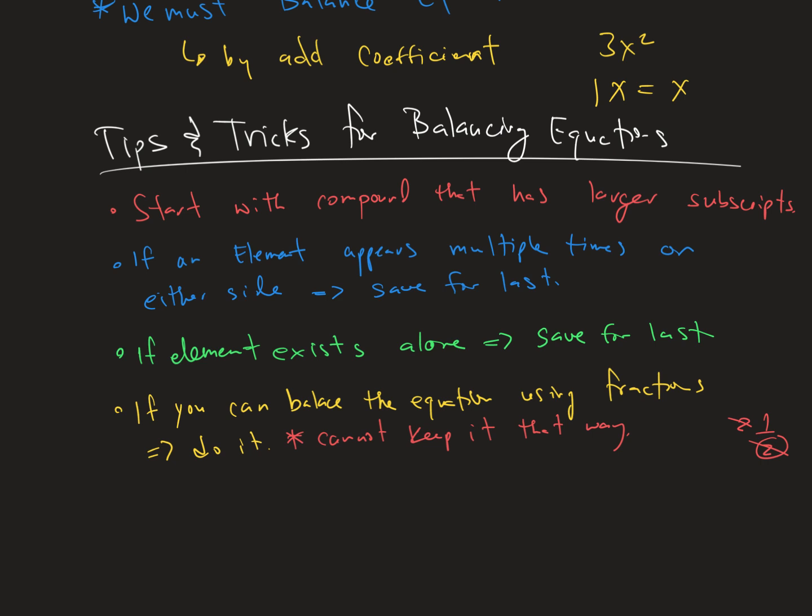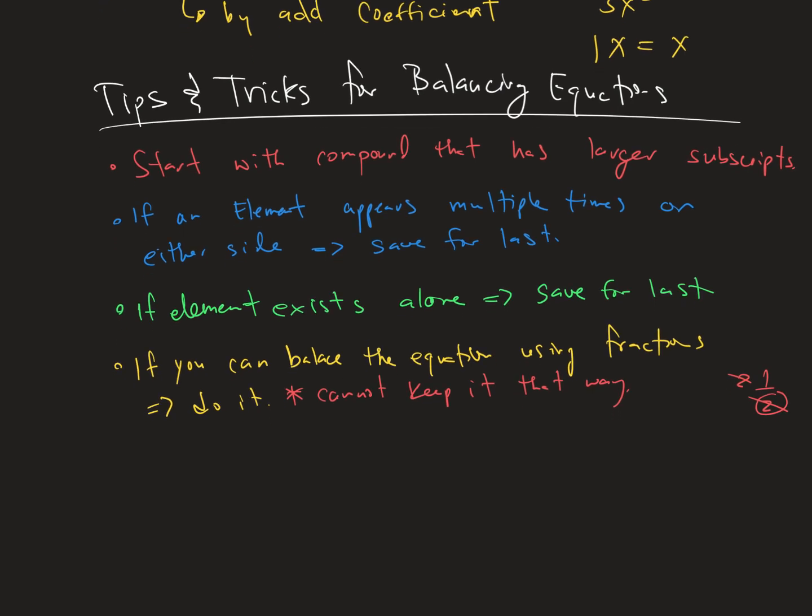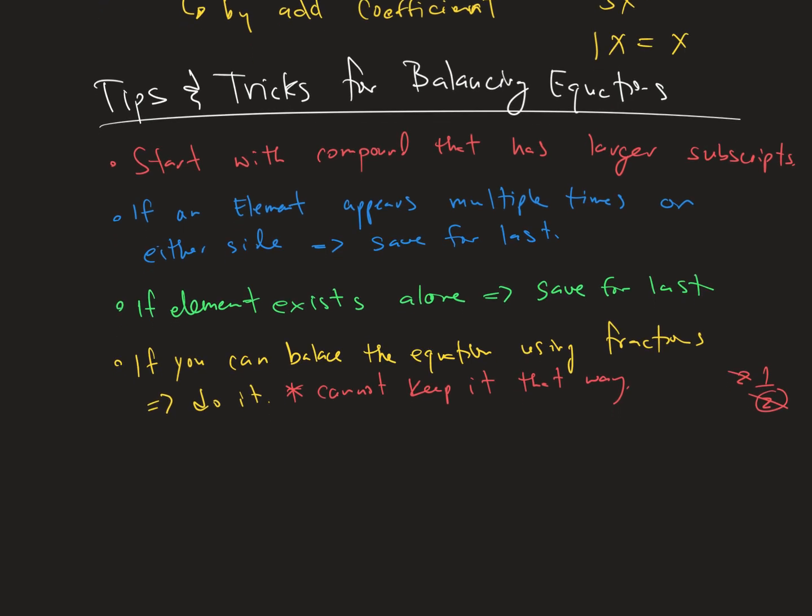But if it's balanced with fractions, we have to multiply everything by 2 so that it stays balanced. You with me? What is it, convert or keep? You cannot keep it that way.